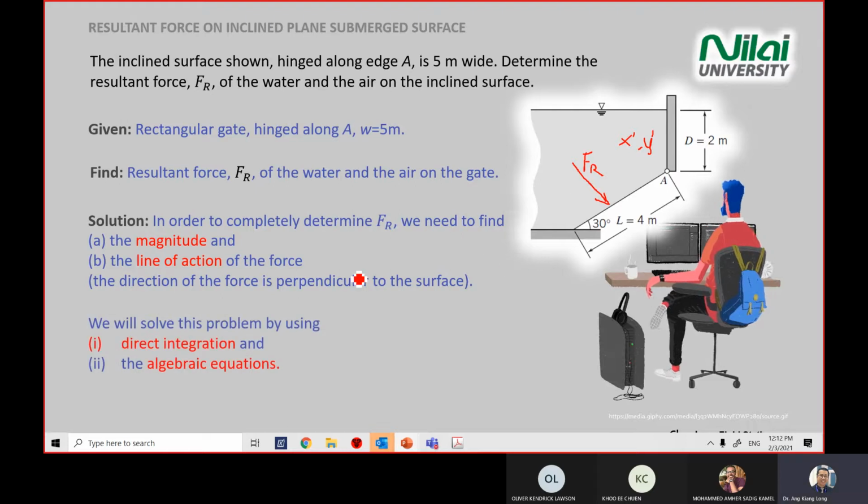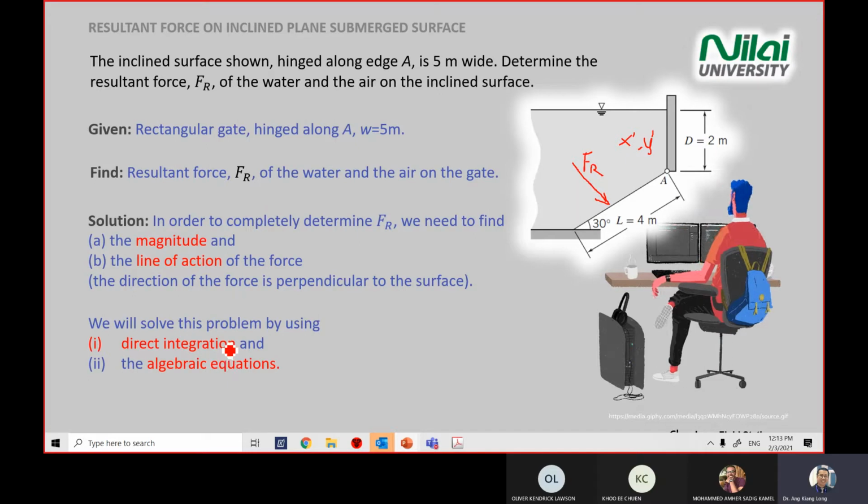We're going to show you two methods. One is called direct integration, and the other is called the algebraic equation. We'll show you both, and then in the exam, you choose whichever you prefer.